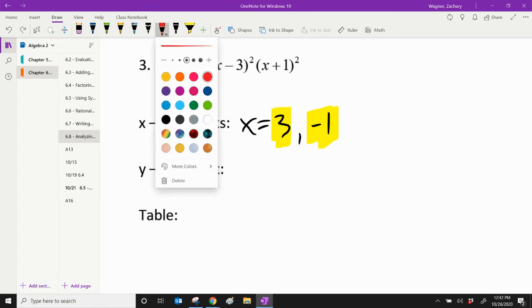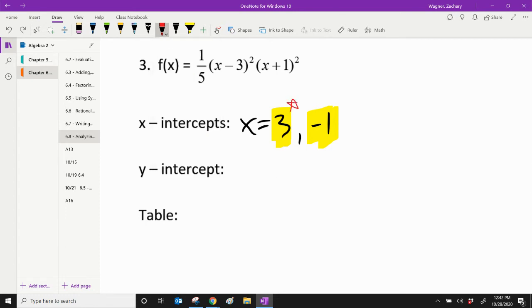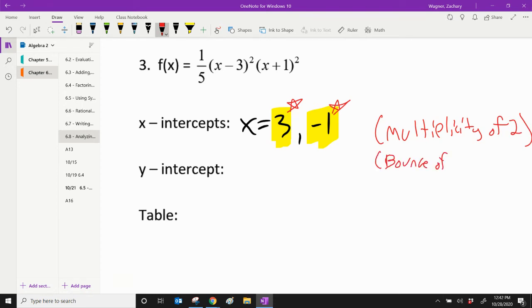Ooh, let's go a little bit finer. Your multiplicity of 2, which all that means is it will bounce off the x-axis. It does not cross it. It bounces like a basketball on the pavement.